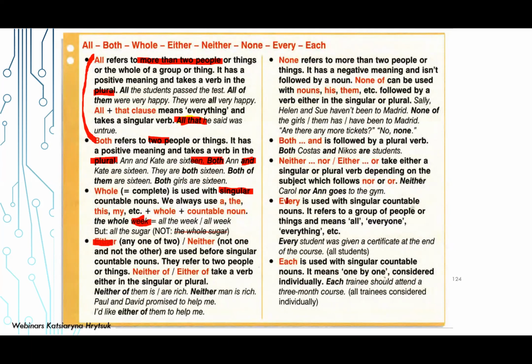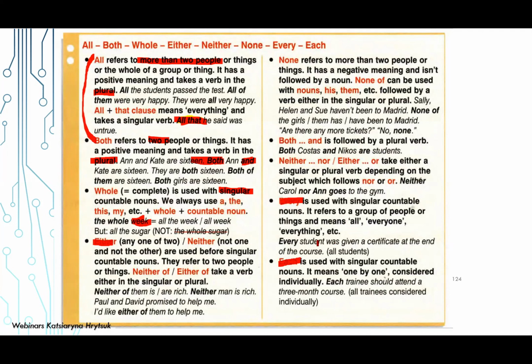Now I want to say something about every and each. Here also, be careful. Every, it's a bit difficult to understand what it is here. So every we use with singular noun, and it refers to a group of people or things, that means all.